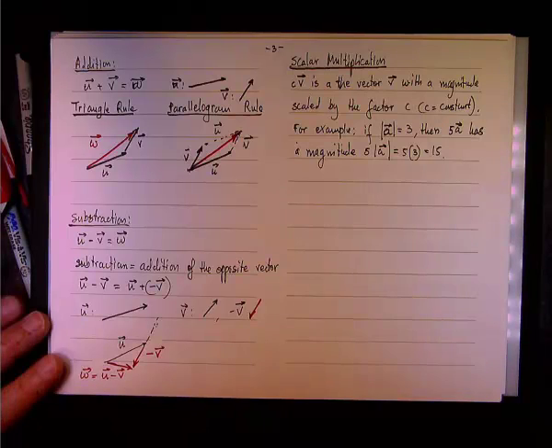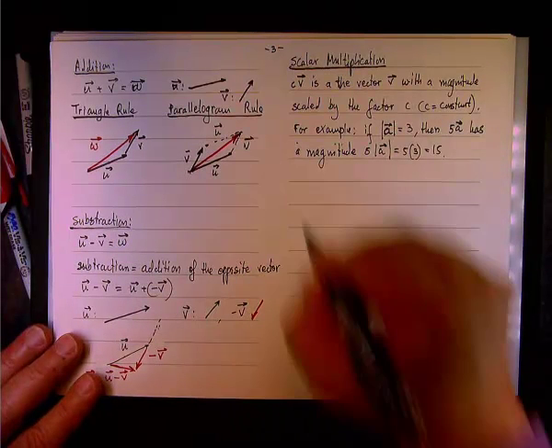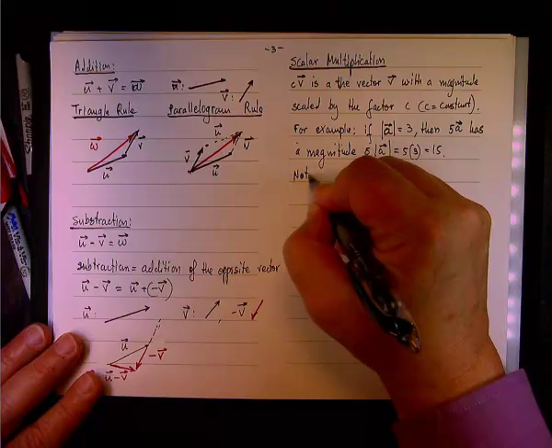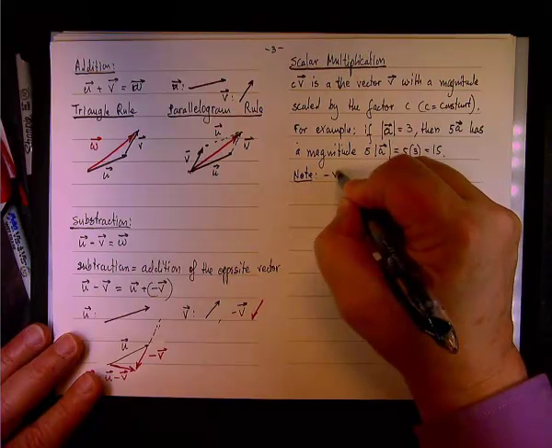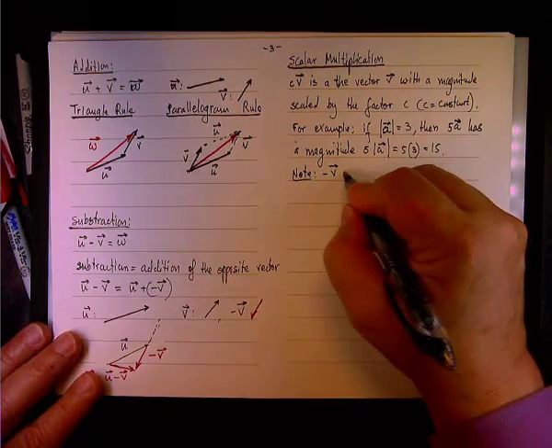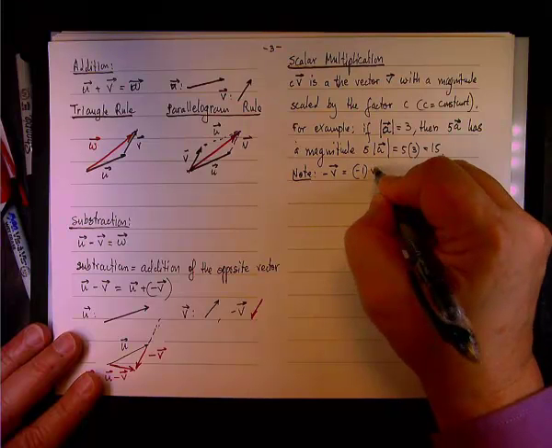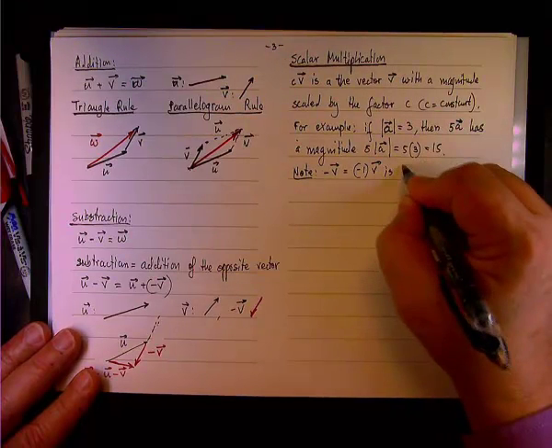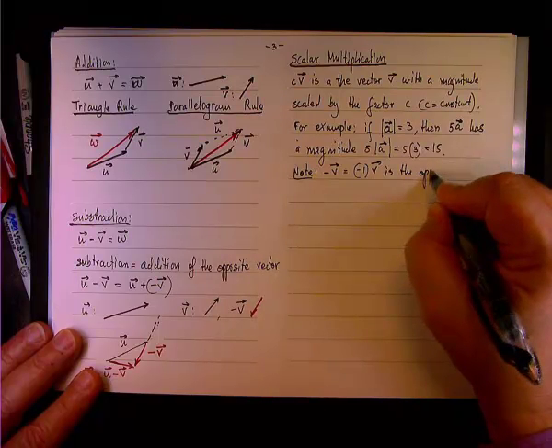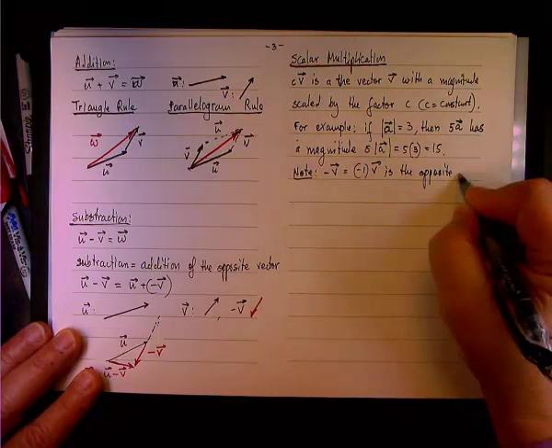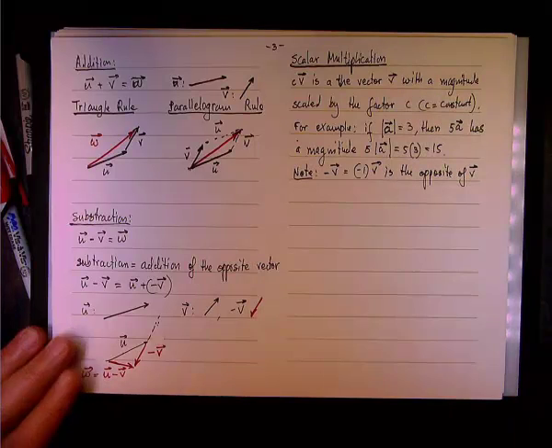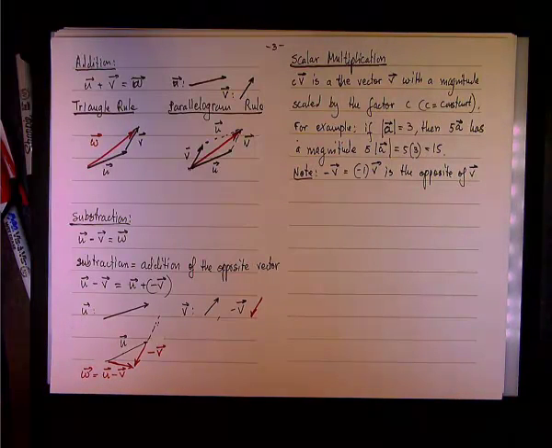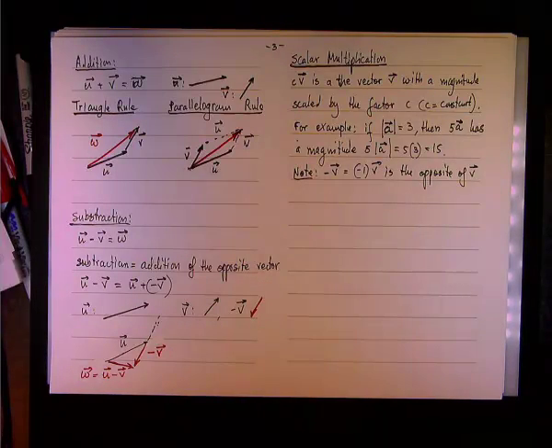Okay, so this is how it works. And of course, we already know that if we apply negative, the opposite vector, negative v, we can write it as negative 1 times v, the opposite of v. And this is true regardless of dimension. So this was a quick refresher.